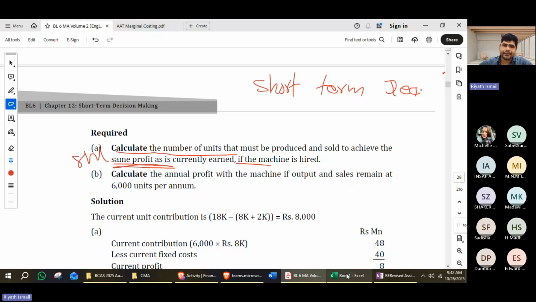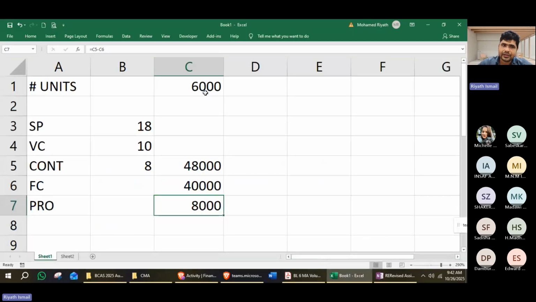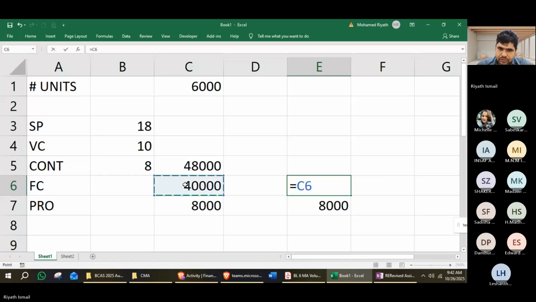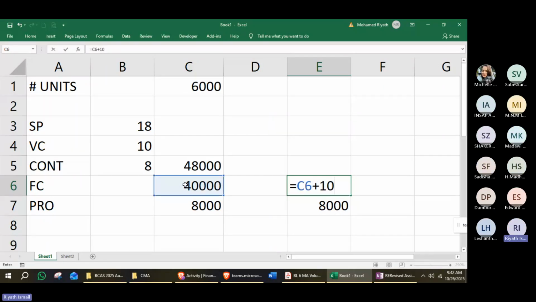Now what will happen? We have to find this, right? So our target profit is what? The same 8 million. And there will be a change in the fixed cost. 10,000 means 10 million should be added.